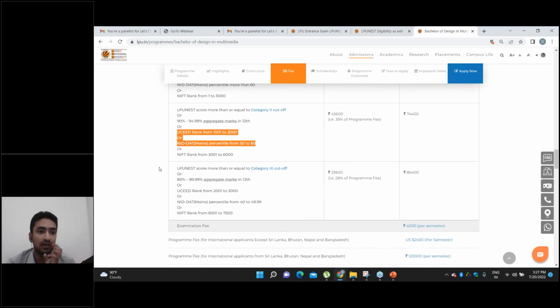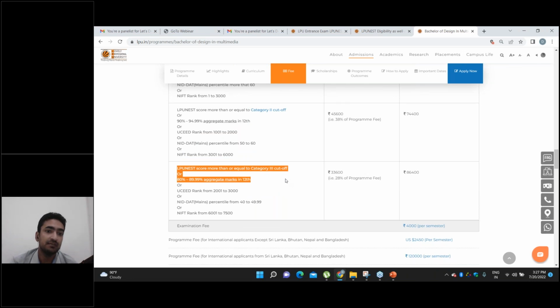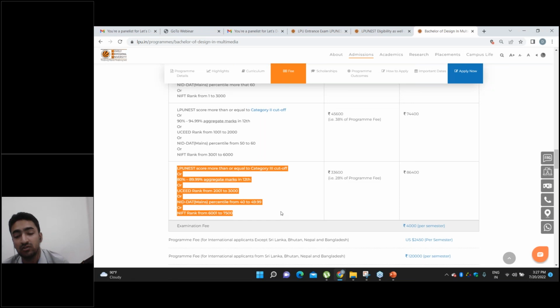Same applies with LPU Nest cutoff 3, or 80 to 89% marks in plus 2, or the UCEED rank from 2001 to 3000, or NID, that means a percentile from 40 to 49.99, or NIFT rank from 6001 to 7500. So you get the scholarship accordingly. So these are the scholarships that we are providing to the students.